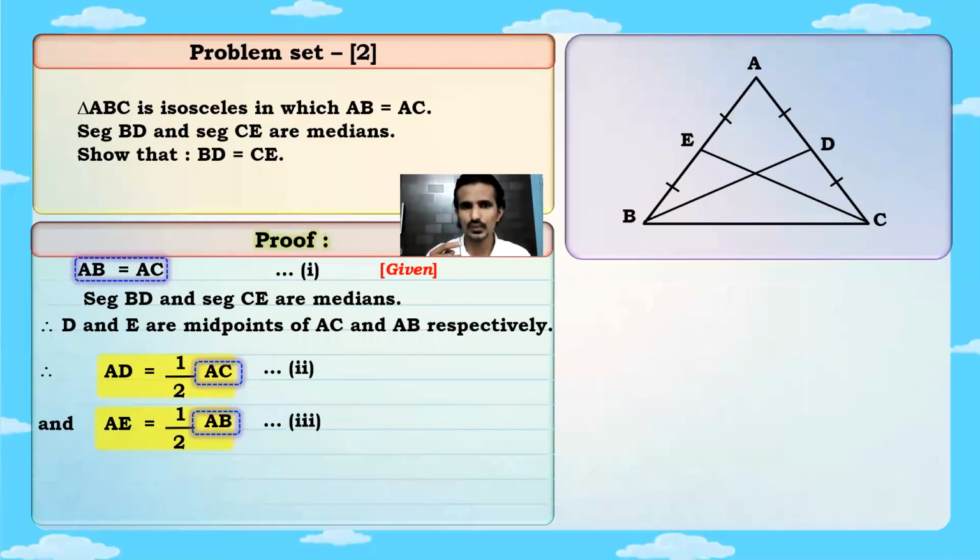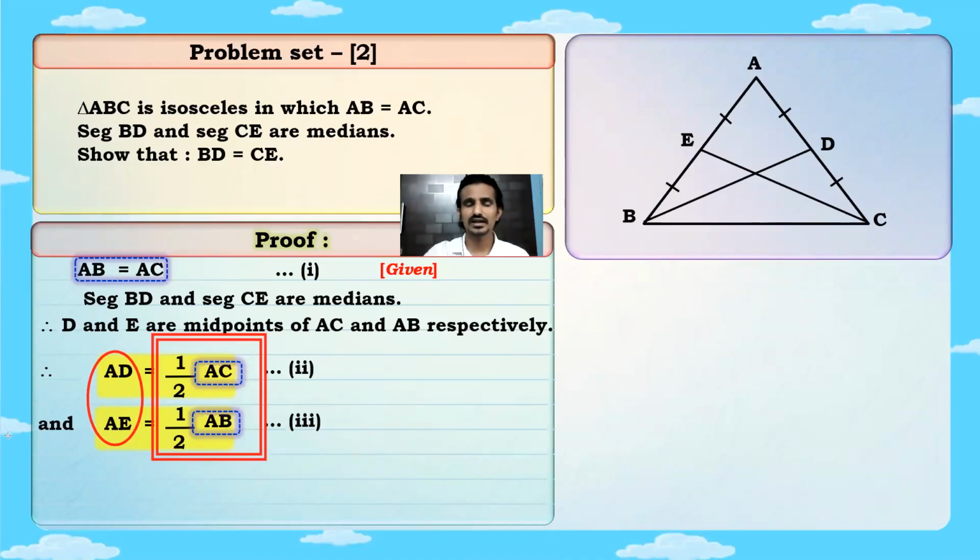When we compare equations 1, 2, and 3, we come to know that AC and AB are already equal. If AC and AB are equal, then in equations 2 and 3 the right-hand sides are equal. Half AC is equal to half AB. If the right-hand sides are equal, we can conclude that the left-hand sides are also equal.